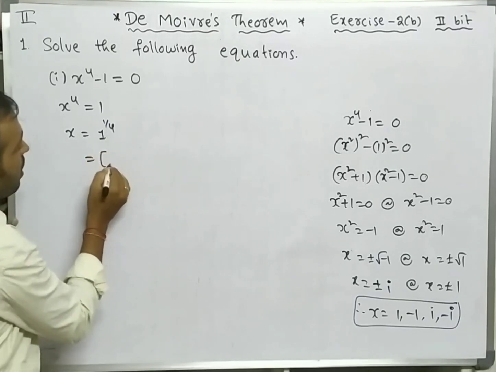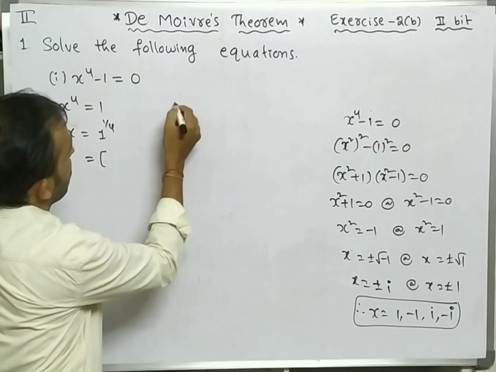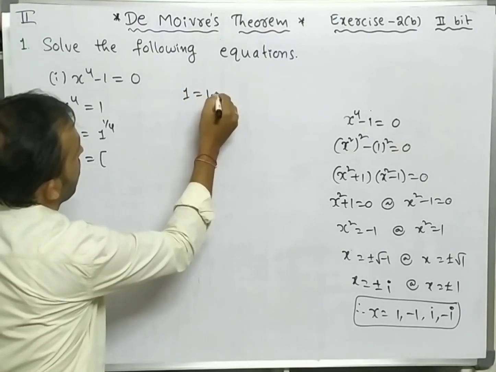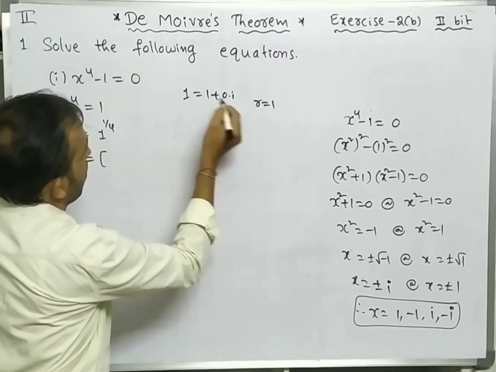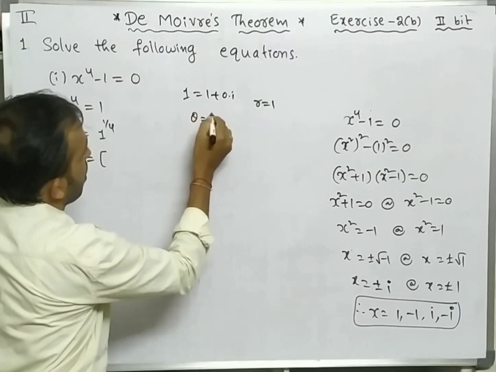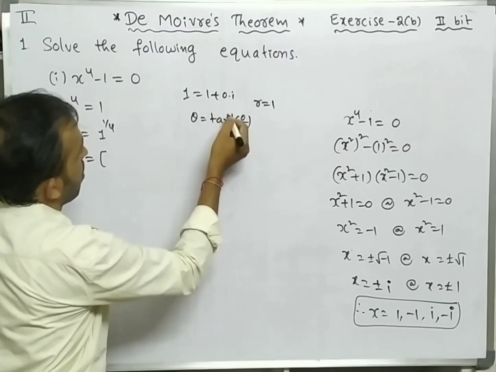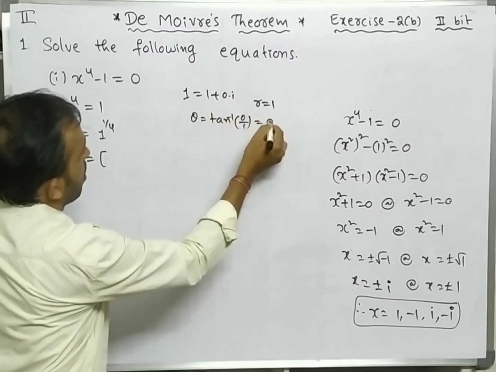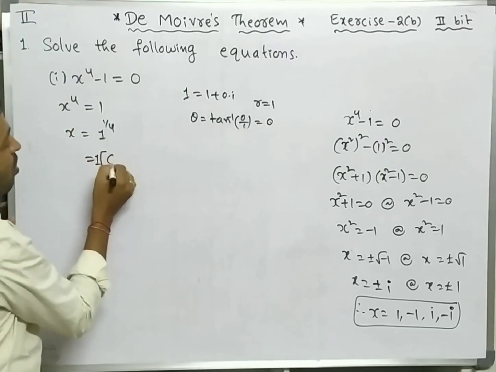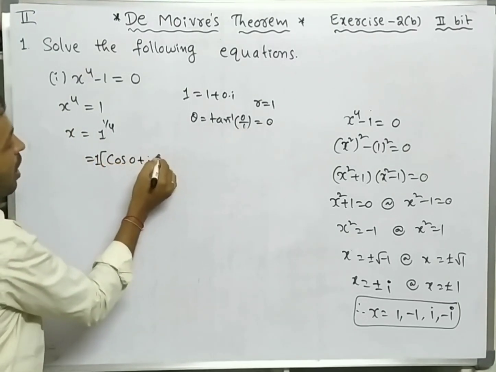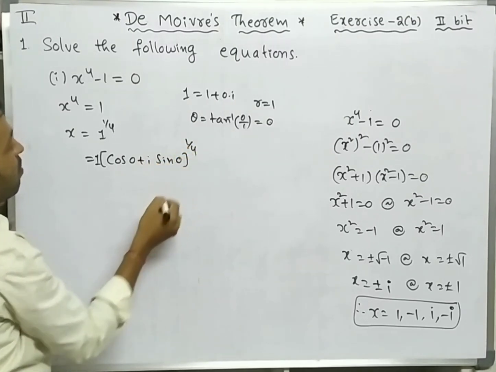So 1 can be written in modulus amplitude form. 1 can be expressed as 1 plus 0i, right? So here modulus is 1 and argument is tan inverse of 0 by 1, that is 0. So it can be expressed as 1 into (cos 0 plus i sin 0) whole power 1 by 4.